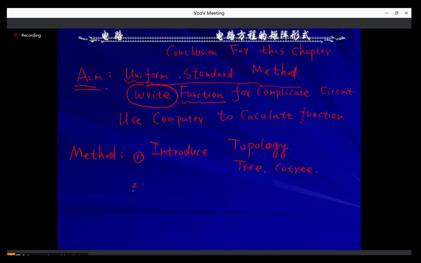And then we introduce the matrix A, matrix B, and matrix Q. These three matrices describe the topology, and also describe the KCL and KVL.